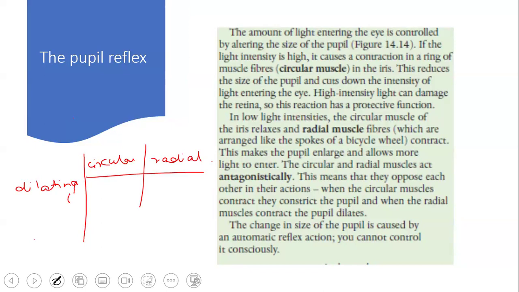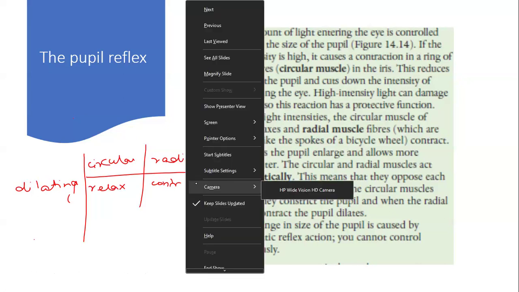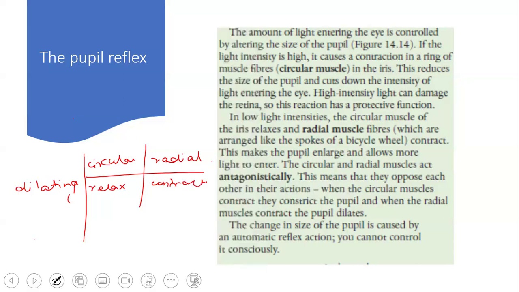So what is going to happen is that the circular muscle is going to relax and the radial muscle is going to contract. This is relaxing, this is contracting, and as a result, the pupil is going to dilate. The size of the pupil is going to increase.